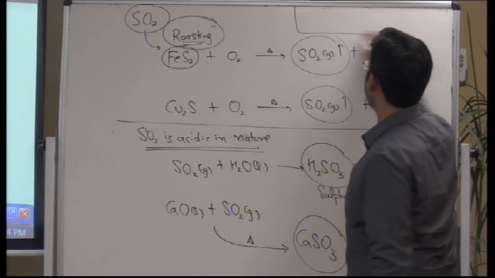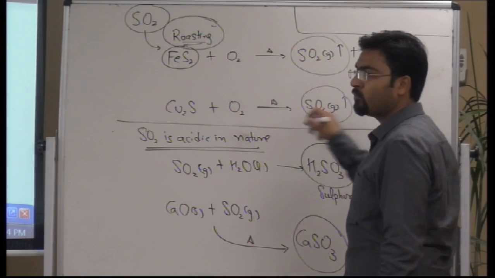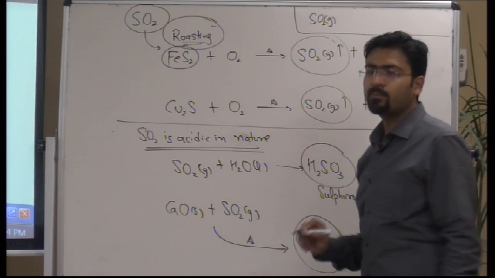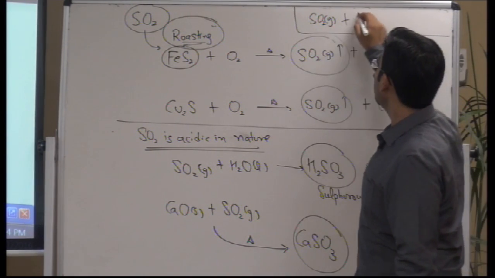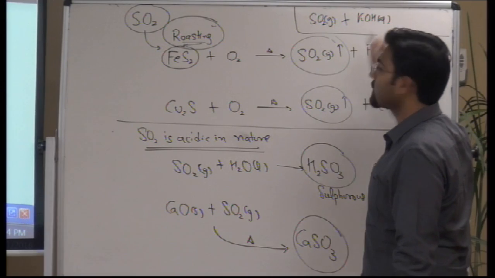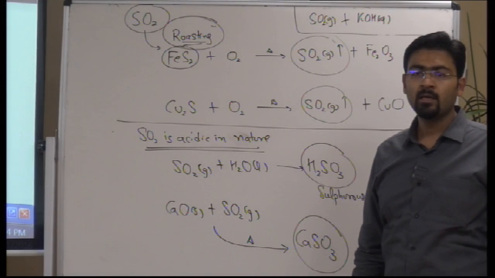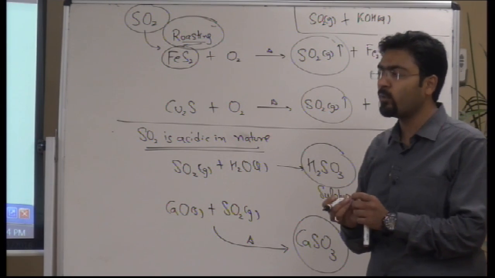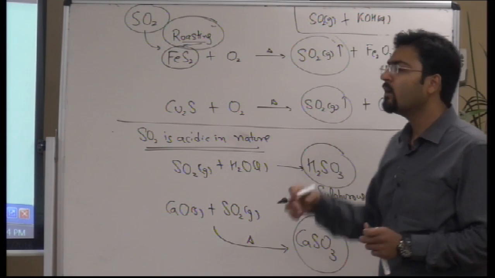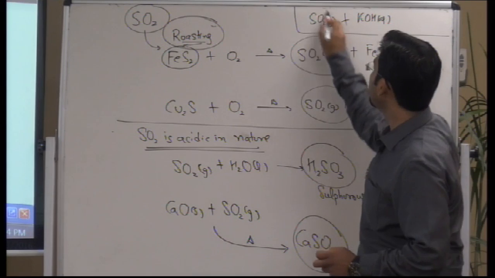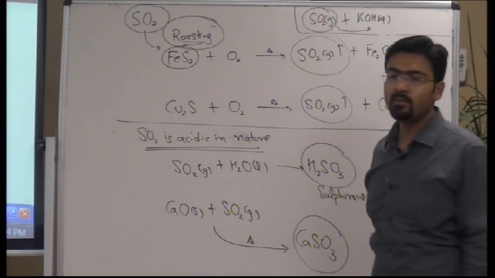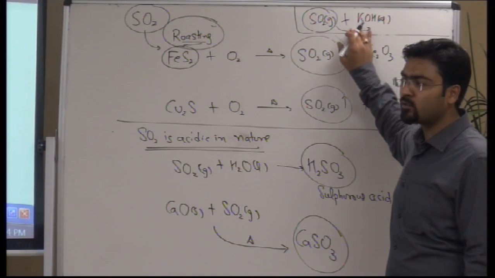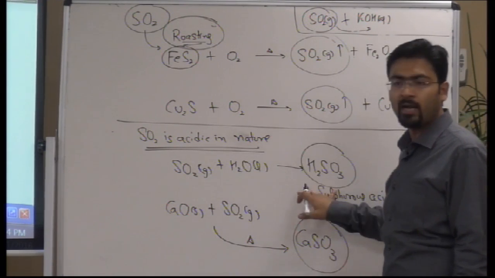So in such eudiometry, I'm just relating it to one property here. SO2 gas, being an acidic gas, can be dissolved in a solution which is alkaline. If I pass a mixture of gases which contains SO2 and none of the other gases is acidic, or maybe there are others, but definitely SO2, through the alkaline solution, this being an acidic gas will start reacting with water and form H2SO3.